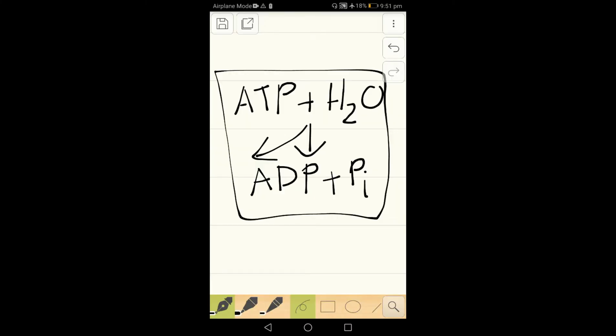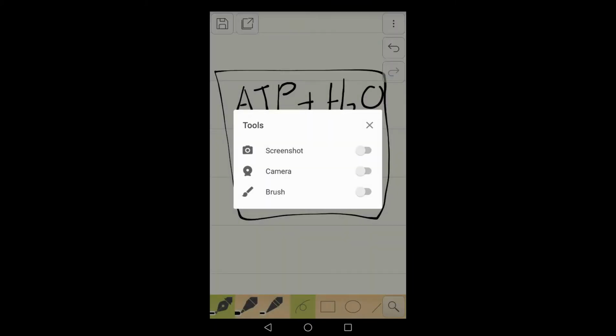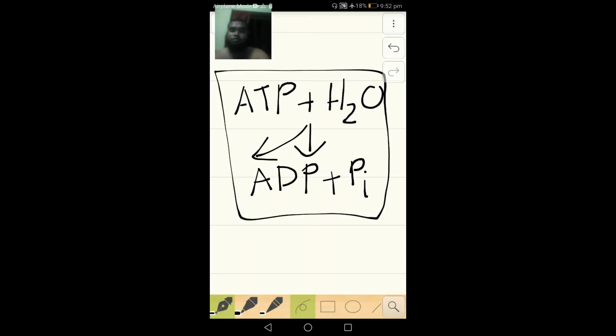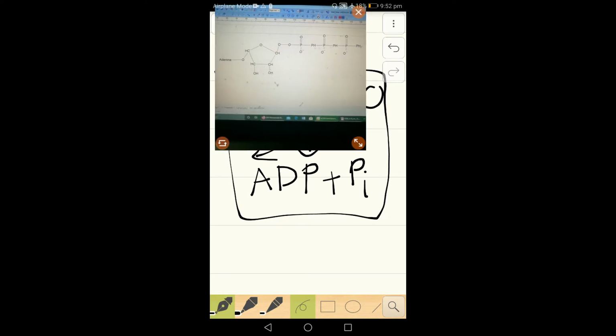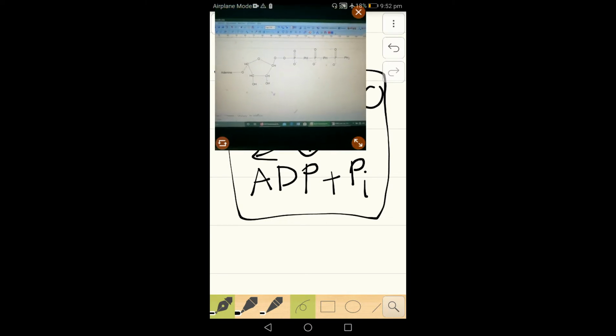Okay, so first let's look at the structure of adenosine triphosphate. This is the overall structure of adenosine triphosphate.